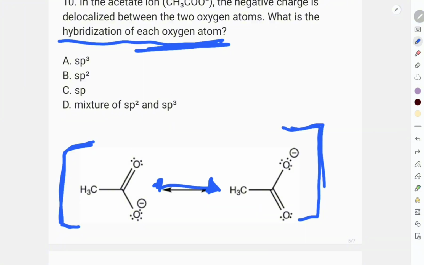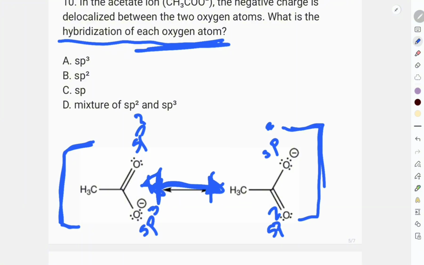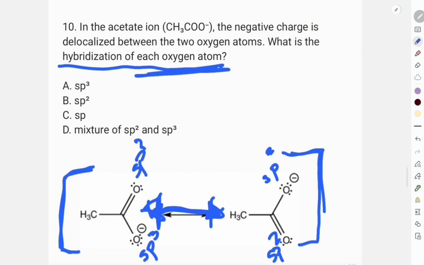Now I'm going to kind of speed this through, but if you do it, this one will be sp3. This will be, sorry, that will be sp2 actually, sp2. This is sp3. This is as well sp3, and this is sp2. Now, remember that these are alternating between these two structures, and it might be tempting to choose answer D, a mixture of sp2 and sp3, but this is incorrect.